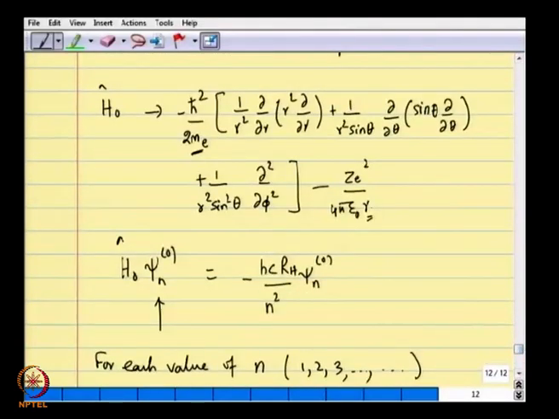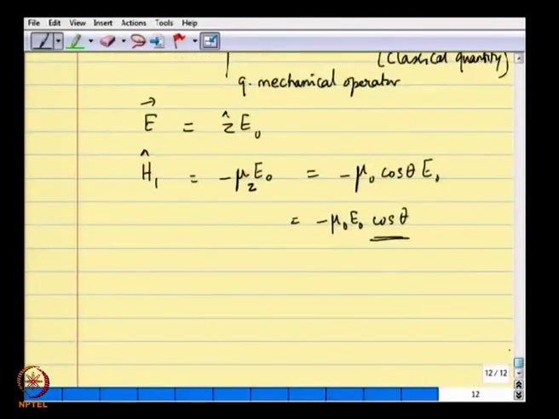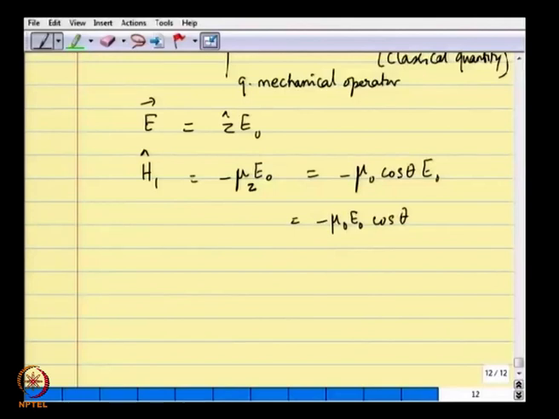Therefore, if we use the 1s wave functions and the 2s and 2p wave functions in r theta phi coordinates, we have the Hamiltonian also expressed in that coordinate system. It's immediately obvious that we can calculate these integrals as simple integrals involving exponentials and polynomials. Okay. So, let us take the first order correction.